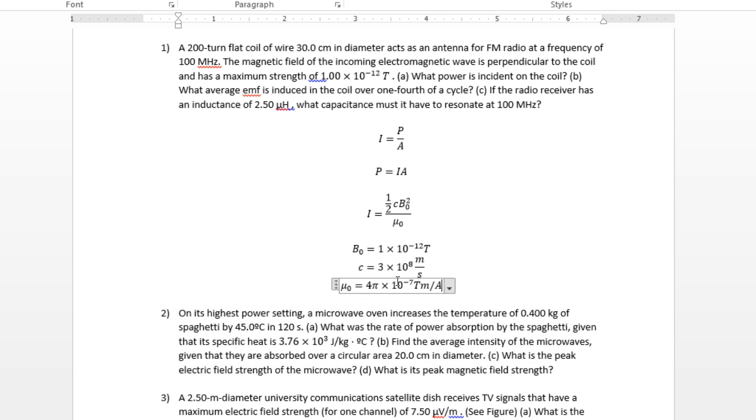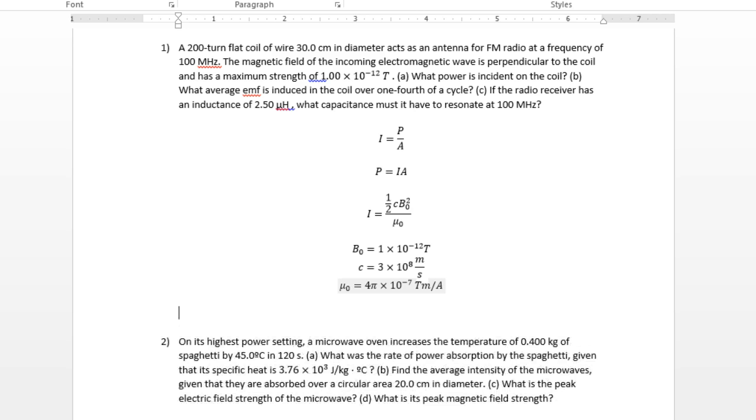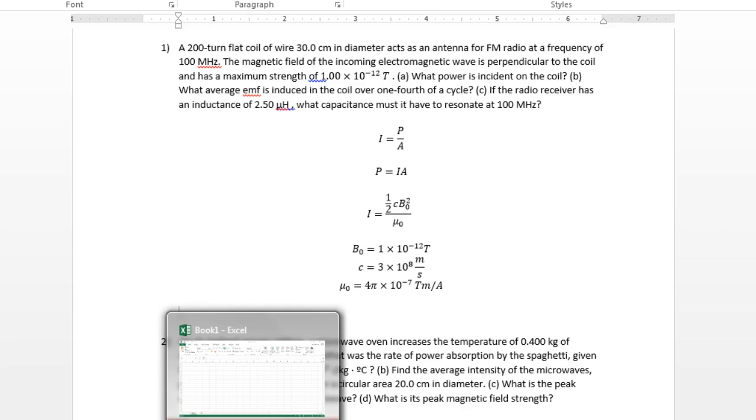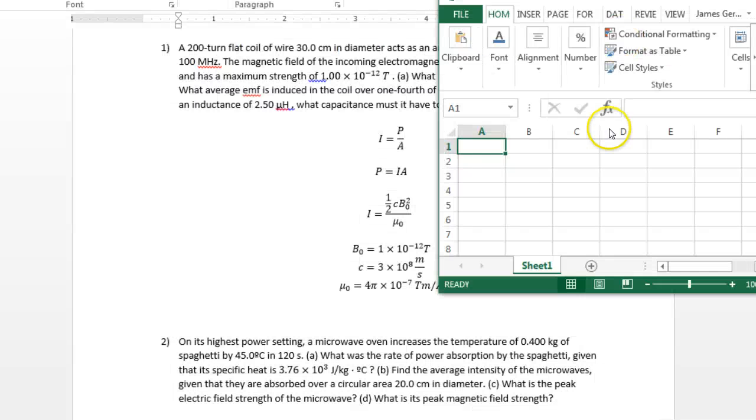So that's all of our constants, all the things we do know, and so we calculate intensity. Pop over to Excel. The B field, 1e minus 12, speed of light 1e8, magnetic permeability of free space mu naught, 4 times pi times 1e minus 7.